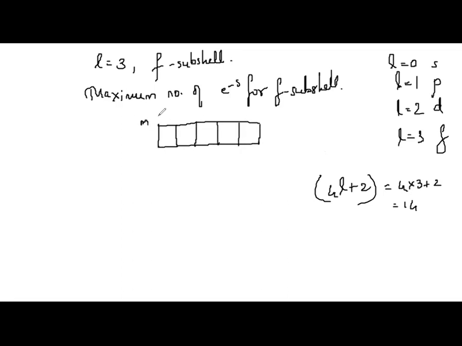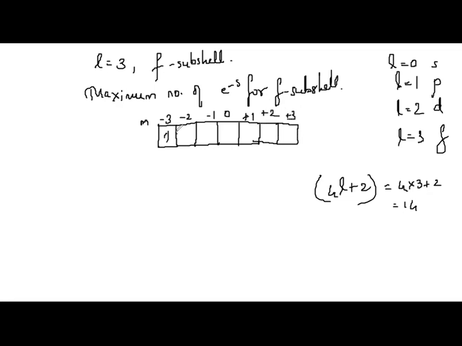So for m: minus 3, minus 2, minus 1, 0, plus 1, plus 2, plus 3. Sorry, L is equal to 3, so m values vary from minus 3 to plus 3, totally 7.